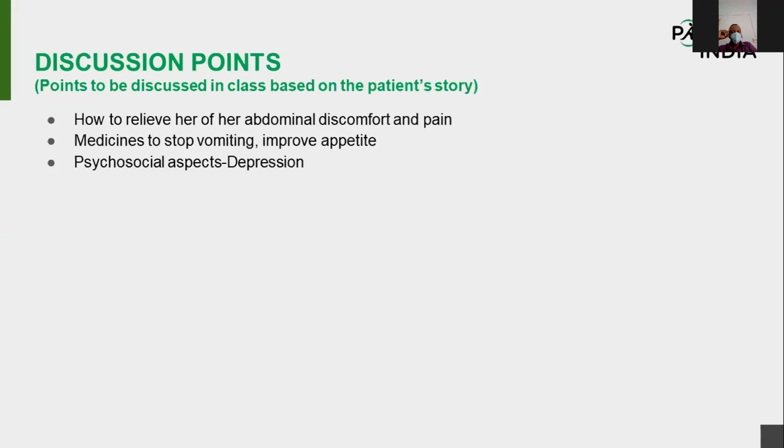here the route of administration is more important, as I told you earlier. So injectable metoclopramide, we usually give it subcutaneously. So subcutaneous or IV route should be selected, otherwise the patient will vomit it out. And the patient was vomiting frequently, so we have to give it either subcutaneously or intravenously.